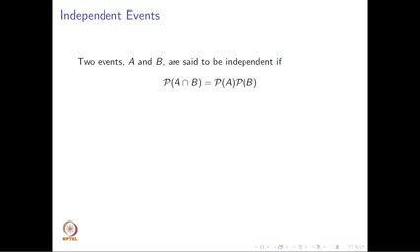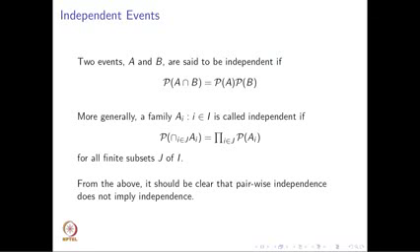Two events A and B are said to be independent if probability of A intersection B is equal to probability of A times probability of B. More generally, a family of events Ai, where i is an element of the integers, is called independent if the probability of the intersection of any subset of the events Ai is equal to the product of the probabilities of those events.